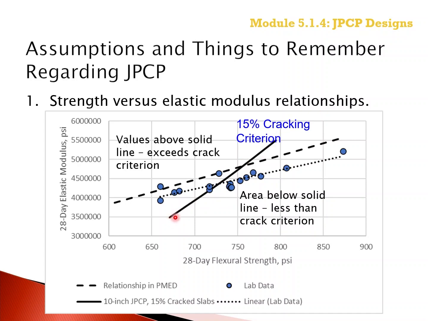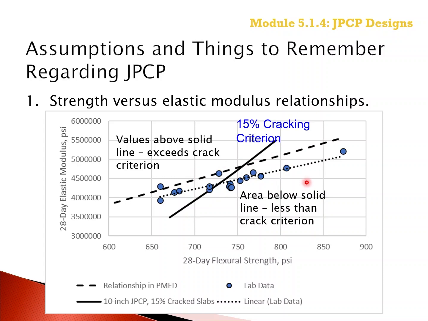So the solid black line illustrates the relationship between strength and elastic modulus for which 15% cracked slabs will be calculated by the software at the end of 20 years. So there's a significant difference between all three conditions.